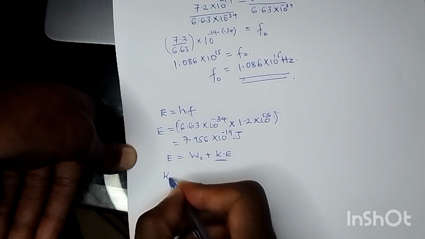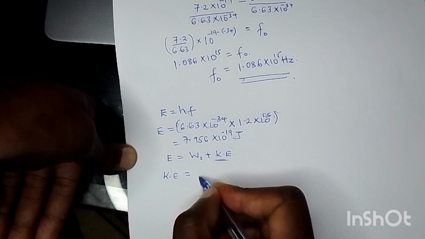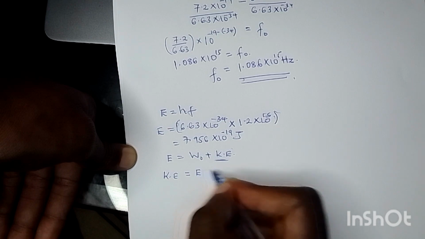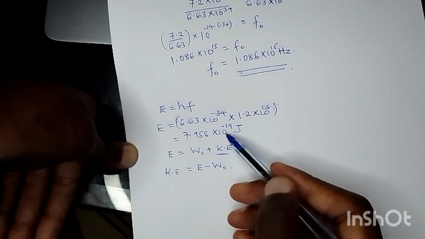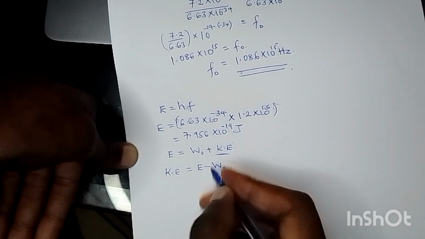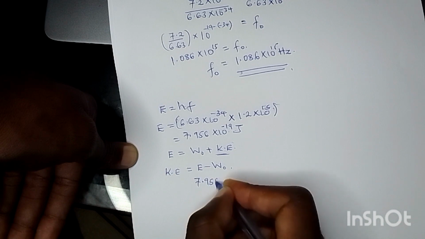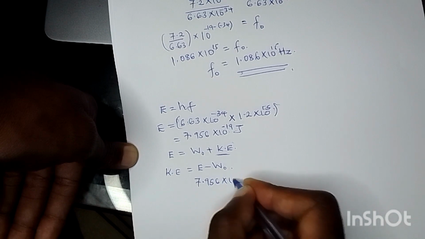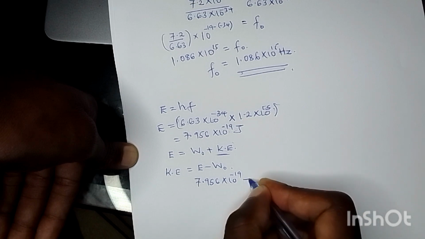So kinetic energy from this equation is given by energy of the radiation minus work function. Energy of the radiation we've calculated to be this one, so it is 7.956 times 10 to the power negative 19. I subtract.